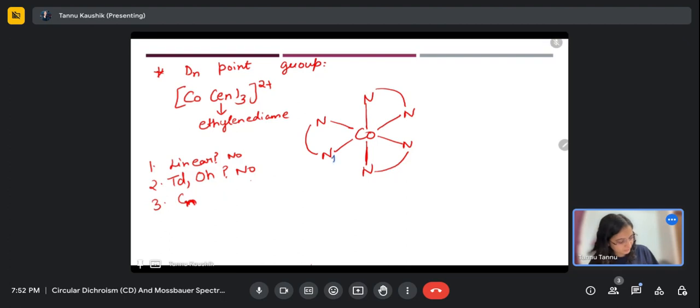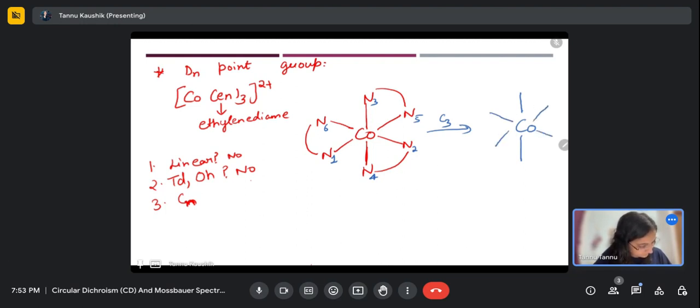such that if we label 1, 2, 3, 4, 5, 6, and rotate this molecule at 120-degree angle, 4, 5, and 6, this N3 is connected to N5, N2 is connected to N4, N1 is connected to N6.